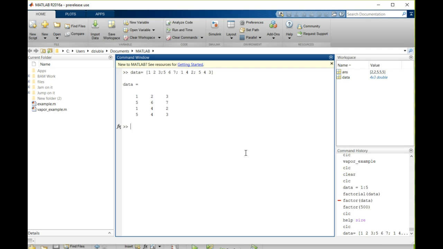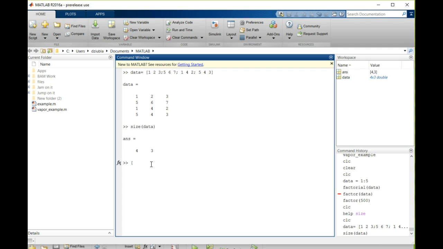If I said size of data, it would say 4, 3. You'll notice it outputted 2 separate numbers. I can actually use those numbers as inputs to 2 separate variables by the assignment operator. What do I mean by that?